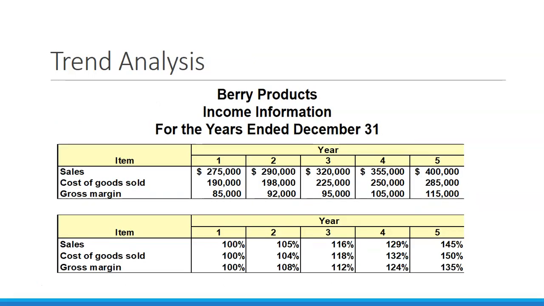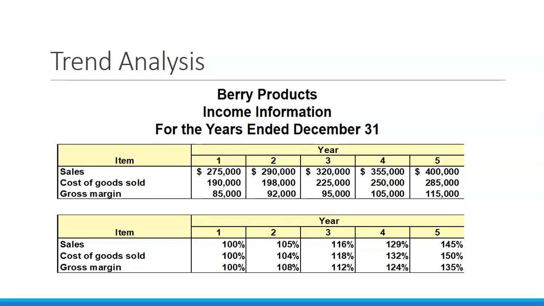We can see this income statement information for 5 years. Year 1 is our base year, and then we show everything as a percentage of change in base year. What we can see is that our sales are trending up.